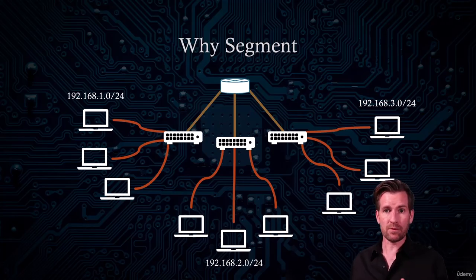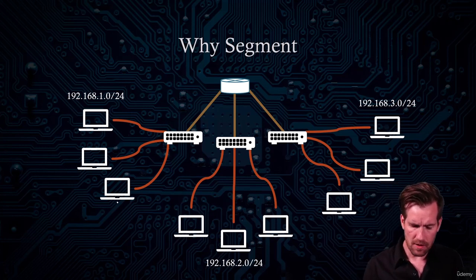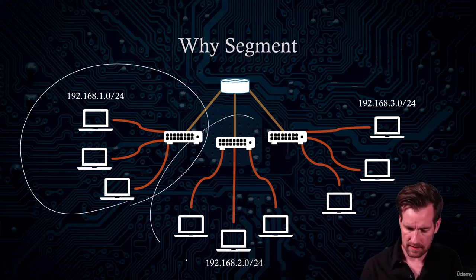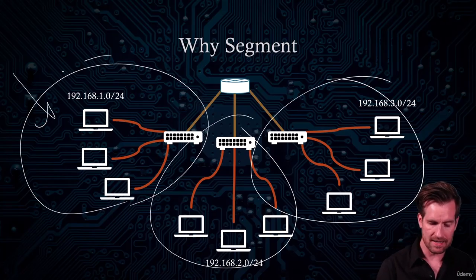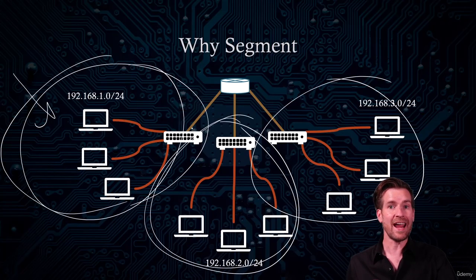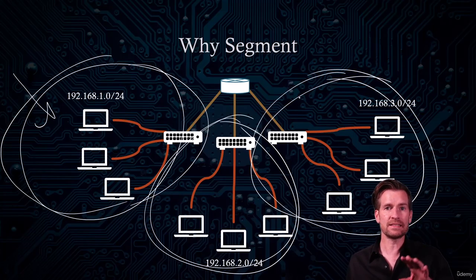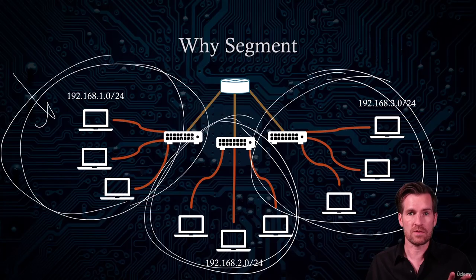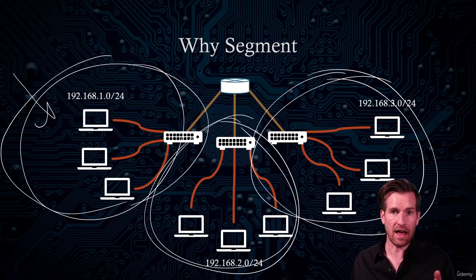Well, one of the big reasons is for security purposes. So in this case right here, maybe we've split this off into different work groups right here. For instance, maybe these are all the execs of the company, and this network right here is all for HR in the company, and this is all the sales. And you wouldn't necessarily want each one of those departments to be able to have access to resources in other departments.